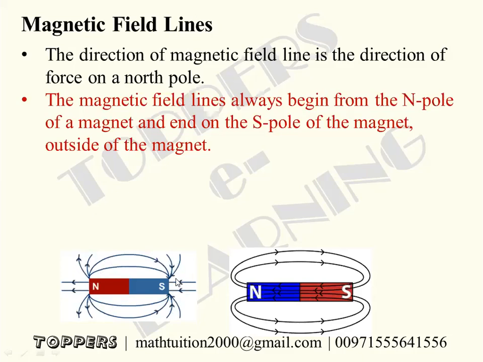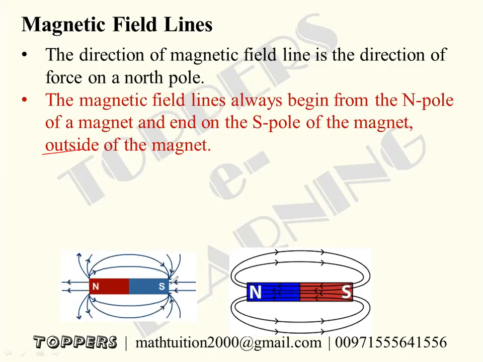That is the common convention. So magnetic field lines always begin from the north pole, never from the south, and end at the south pole, outside the magnet. Take care, outside the magnet. So it means inside it will be different.